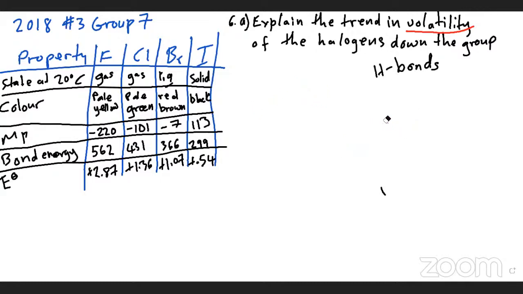All right. So to answer this question, we first identify that it has to do with the intermolecular force of attraction. The intermolecular force of attraction is Van der Waals.